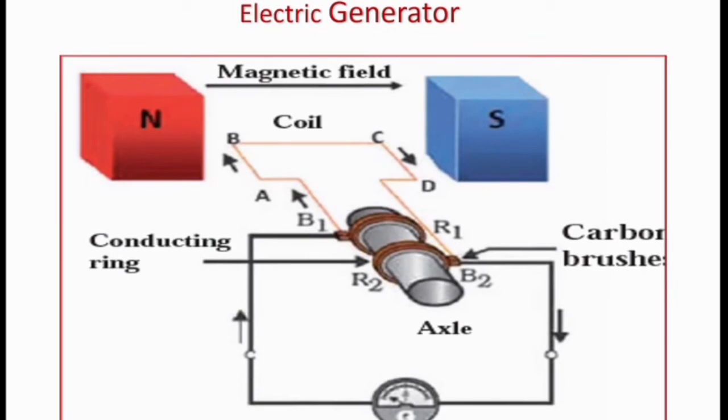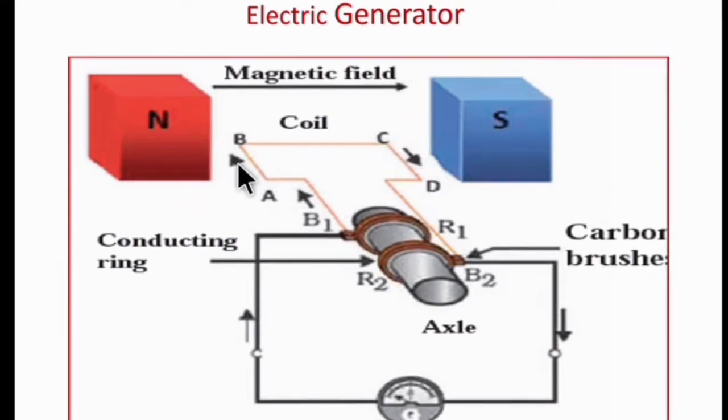According to Fleming's right-hand rule, electric current is produced in the branches AB and CD in this direction: A to B and C to D. Thus the current flows in the direction A to B, B to C and C to D, as shown by arrows in the figure.